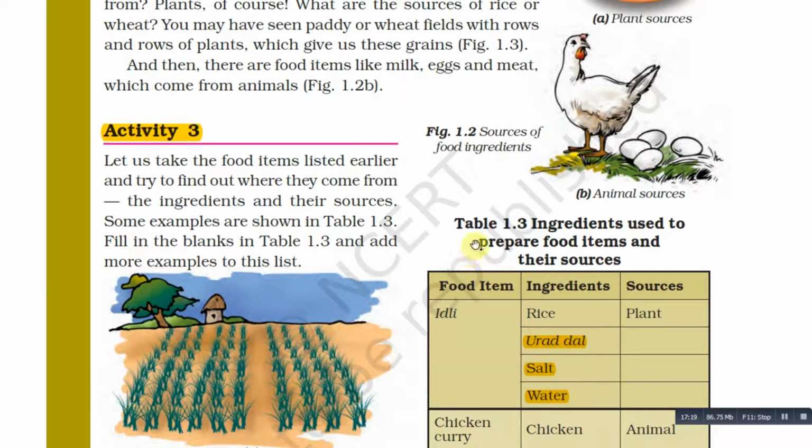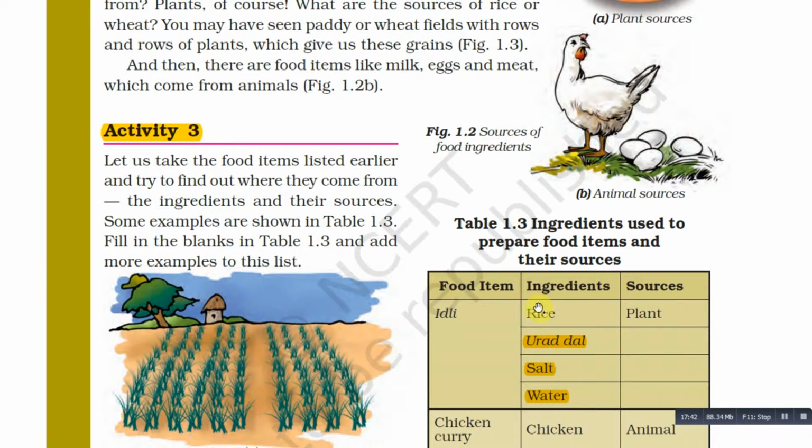This is the next exercise for you, table 1.3. First is idli. What is the ingredient of idli? If you know, you have to write. If you don't know, you have to ask your friends and your elders at home.